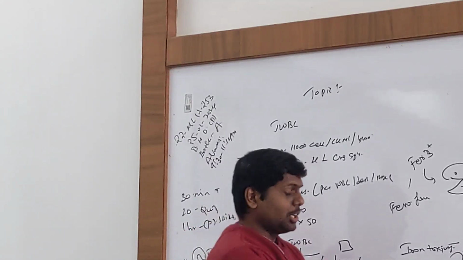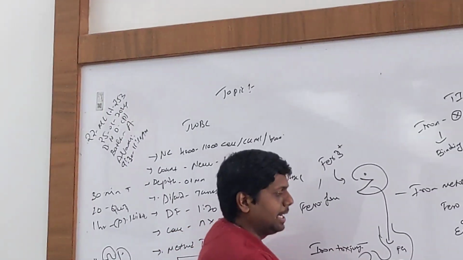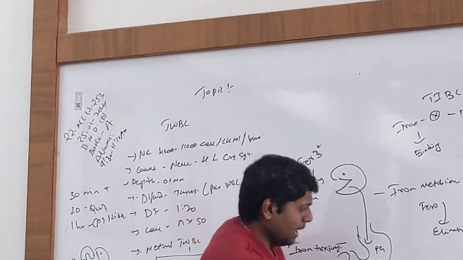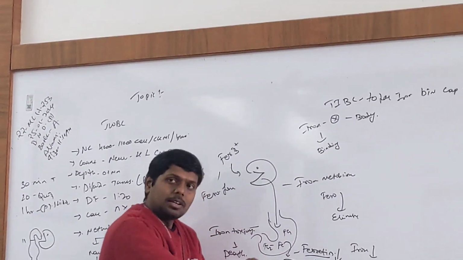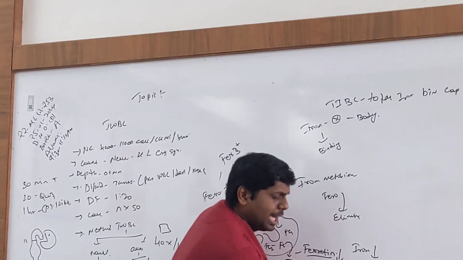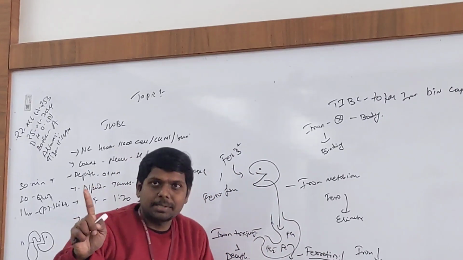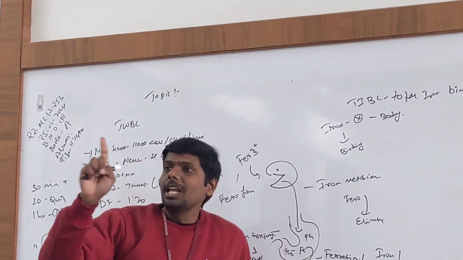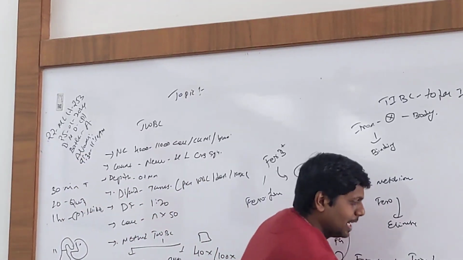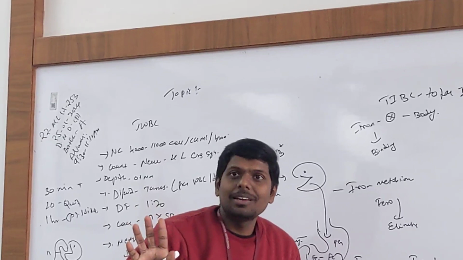So we need to transfer this iron to the bone marrow by ferritin. Ferritin will transfer this iron molecule to the bone marrow. In the bone marrow, this iron will be rightly utilized. This iron will be properly utilized by binding it with hemoglobin. Iron in hemoglobin is okay.